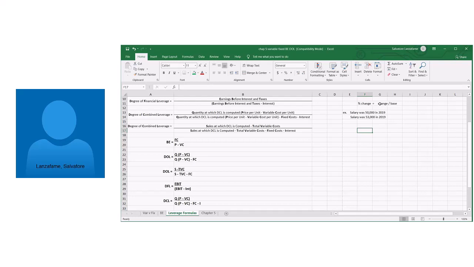So if I look at the formula that I have, my salary went from 50 to 53, so the change was $3,000. My base was the older of the two values. So what is $3,000 divided by $50,000?